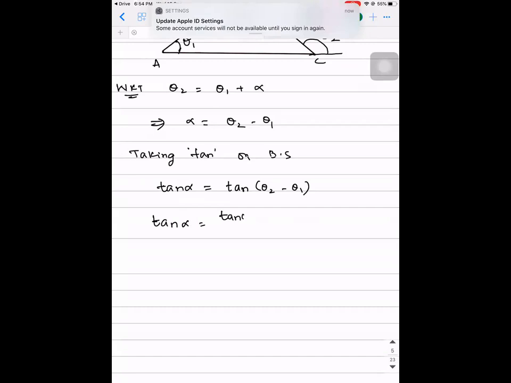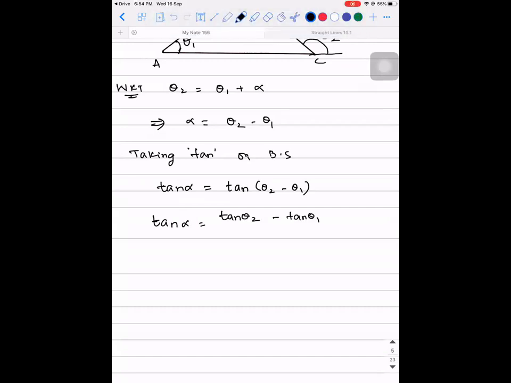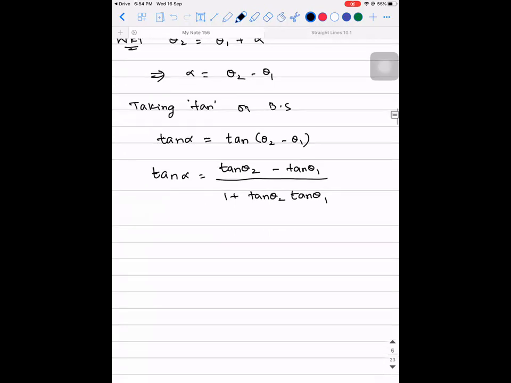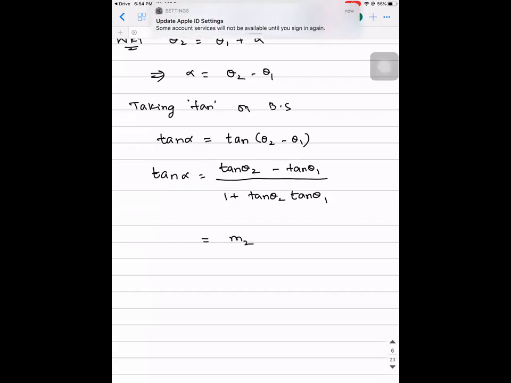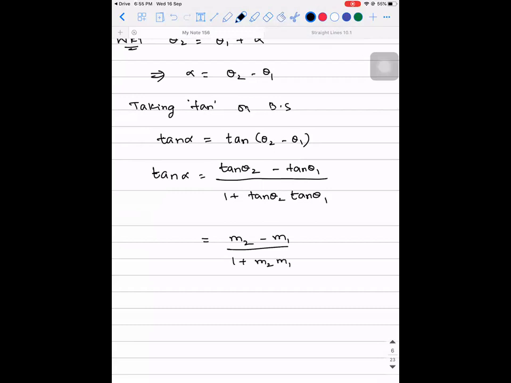It is tan A minus tan B, the whole divided by 1 plus tan A tan B. So this will be equal to, what is tan theta 2? That is m2, slope of the second line, minus tan theta 1, slope of the first line m1, divided by 1 plus m2 into m1. This is tan alpha.